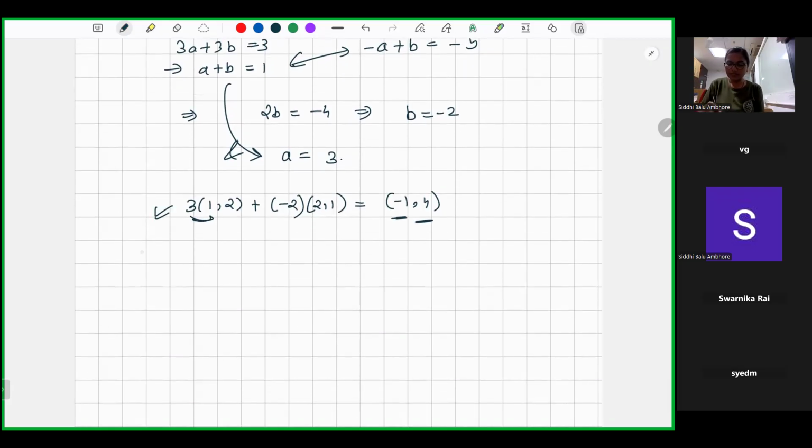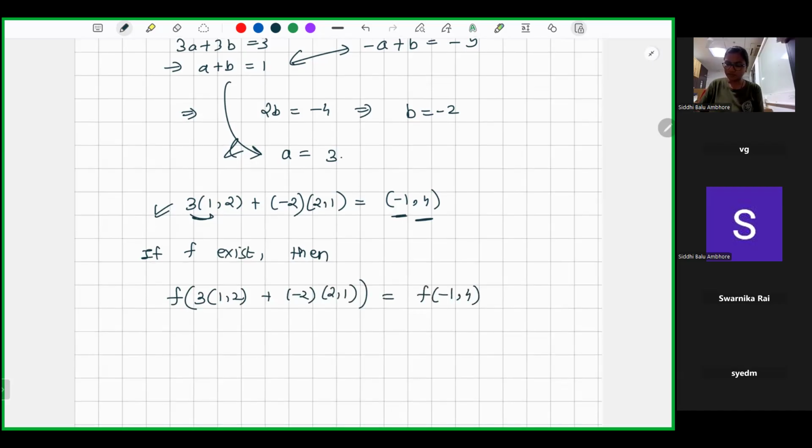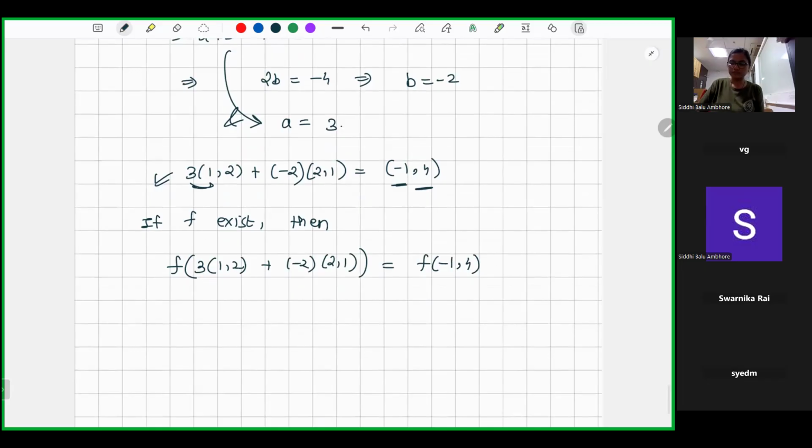So now if f exists, then f of 3(1, 2) + (-2)(2, 1) will be equal to f of (-1, 4). This will be true.